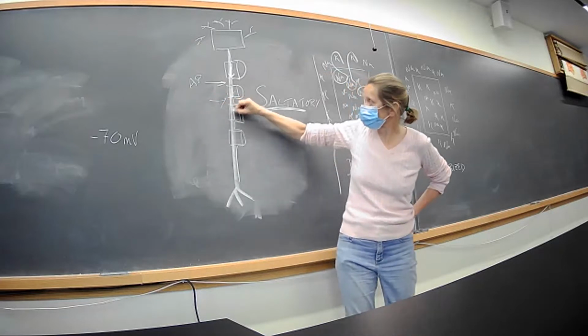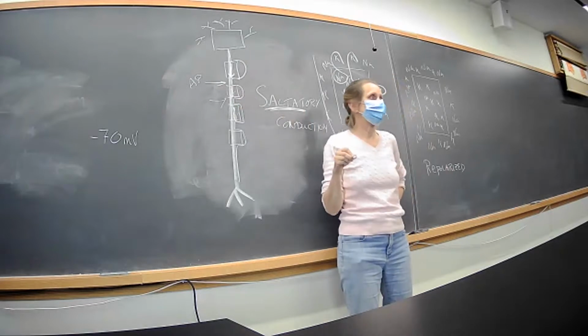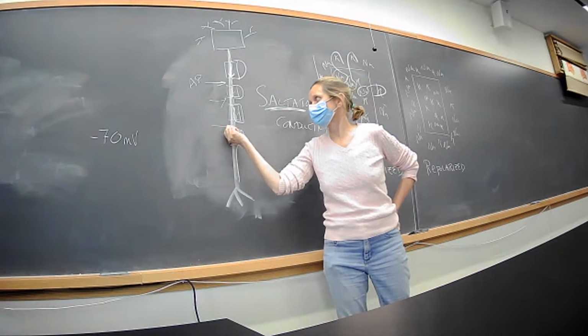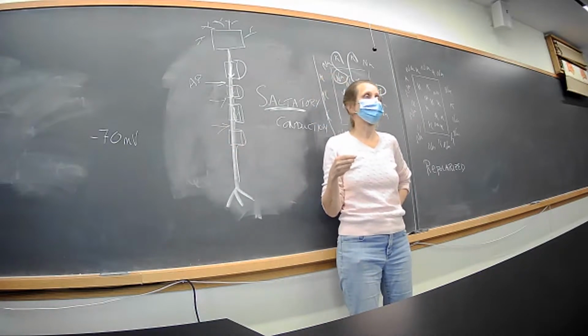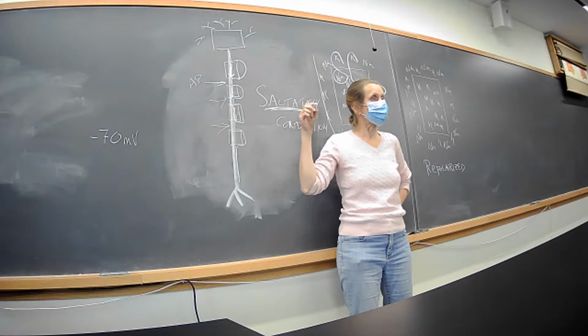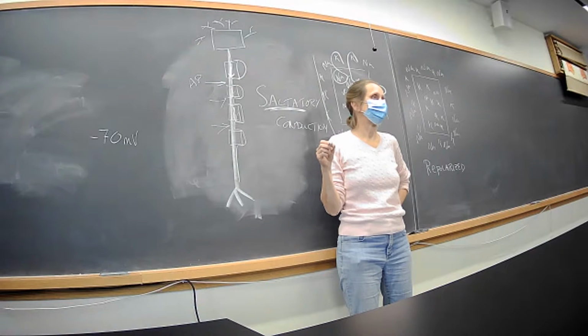And then you'll have electrical current carrying the information under the myelin sheath until the next node of Ranvier, where it has another action potential, and so on and so forth. So what's actually happening is there's an electrical current carrying the information underneath the myelin sheath. The gates are not opening.